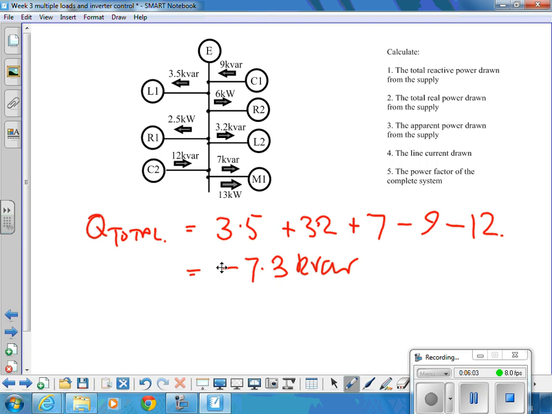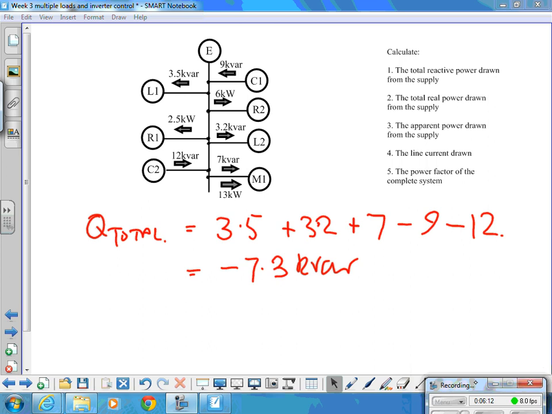That's capacitive in nature, this load. We were talking last week about correcting your power factor by adding components. If your overall factor was more capacitive, you would be able to add inductive. So it would be unusual to end up with a system like this.